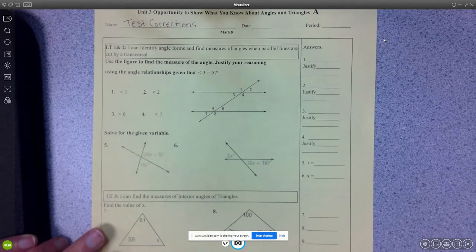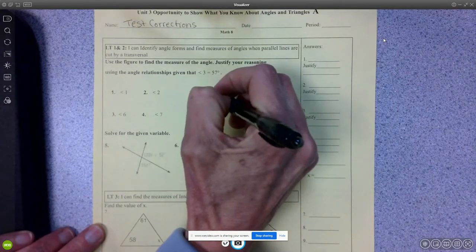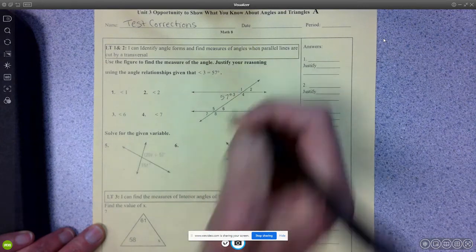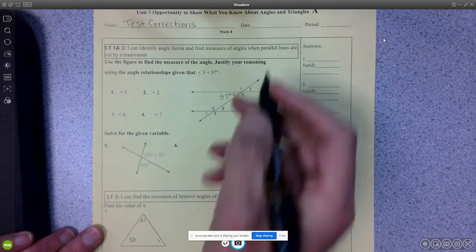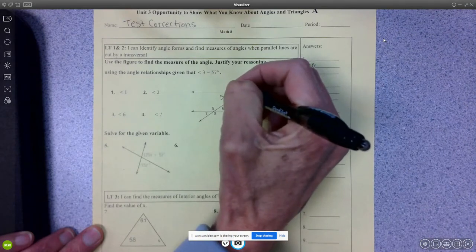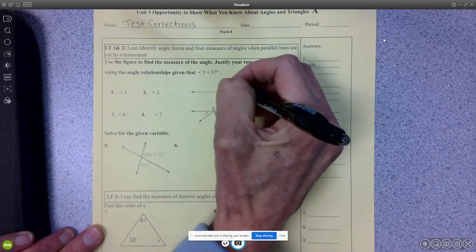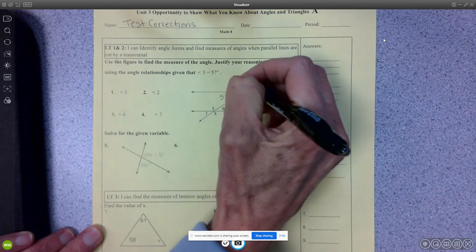So angle 1, I have to find for number 1. But I'm going to first write in 57 degrees because that's the information I'm given about this parallel line cut by a transversal. Angle 1 is supplemental to angle 3. So that means they add to 180.